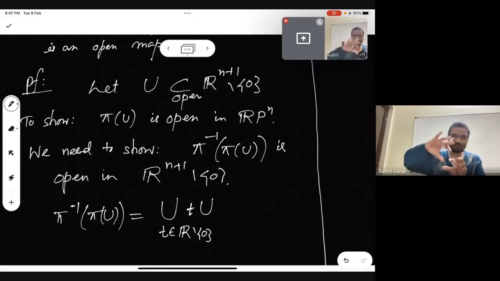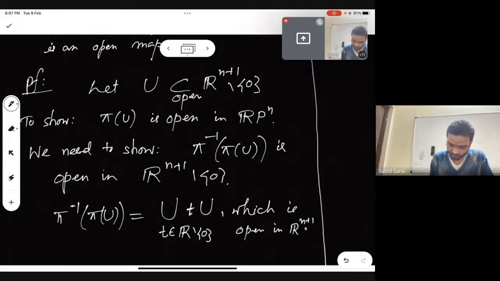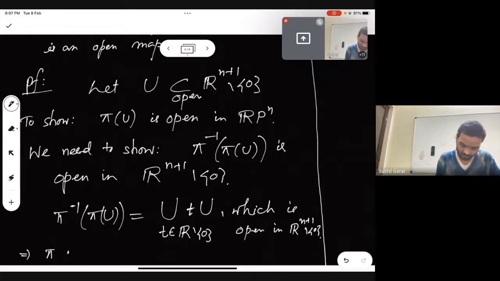So you take the cone around U and take the cone on the other side as well, and that's what you get here, which is open in Rn plus 1 minus the origin. All right, so this is open. Hence, this implies pi is an open map.